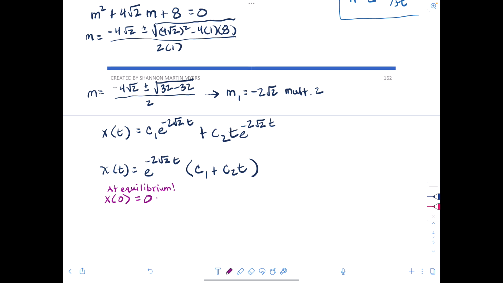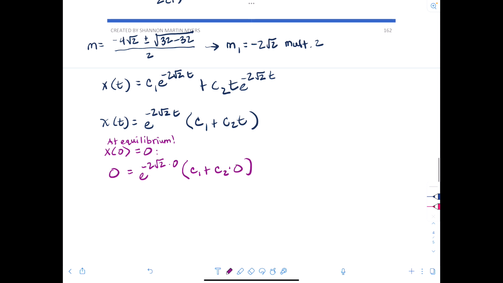So that means that for x at 0, we'll put in 0: e to the negative 2 root 2 times 0, times c1 plus c2 times 0. And so what will we get? 0 equals, this will be 1, and we'll just have c1 plus 0. And so c1 is equal to 0.